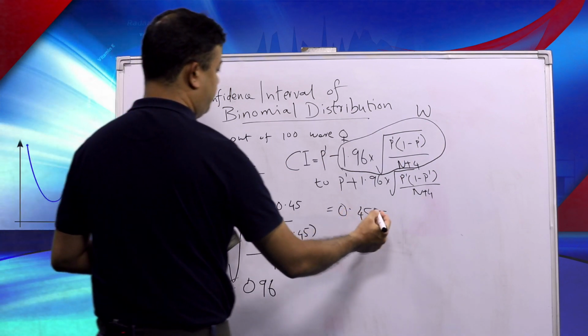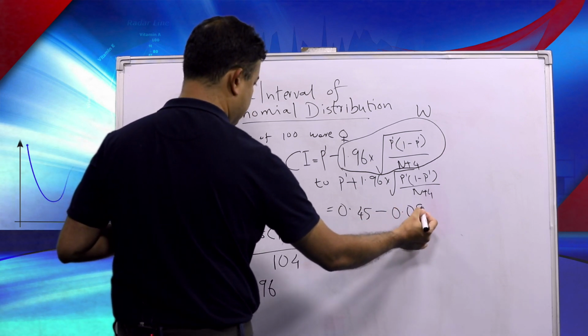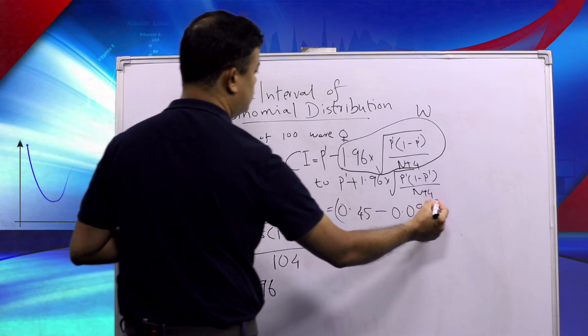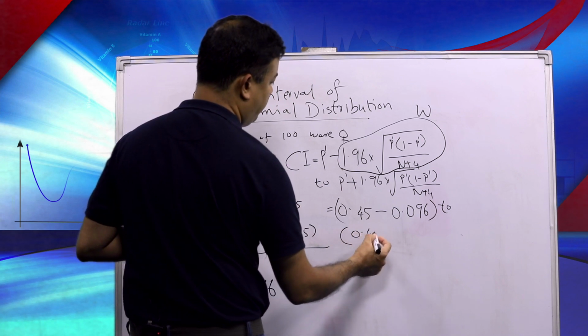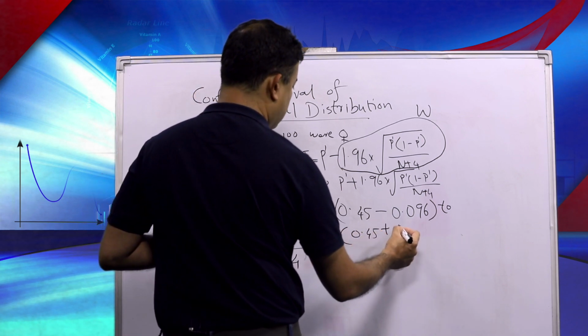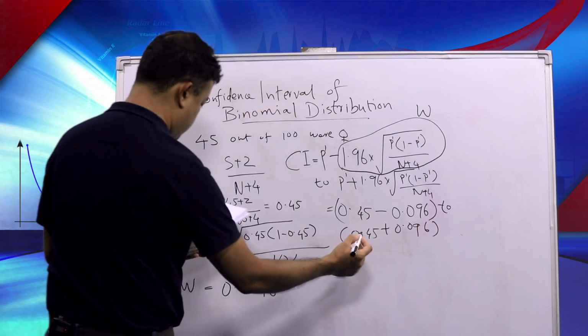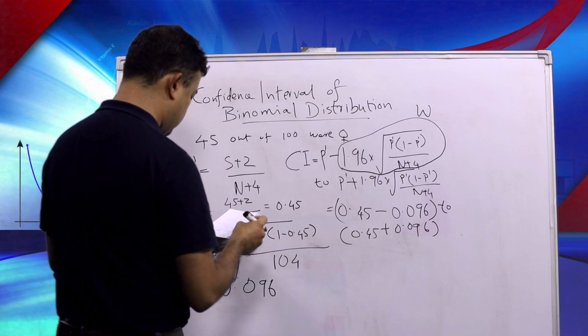So 0.45 minus 0.096 is one limit, the lower limit. The upper limit is 0.45 plus 0.096.